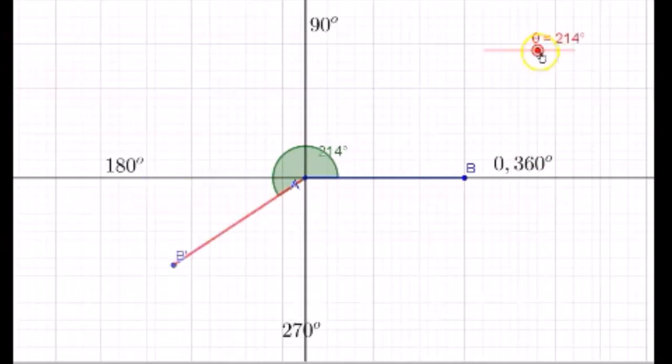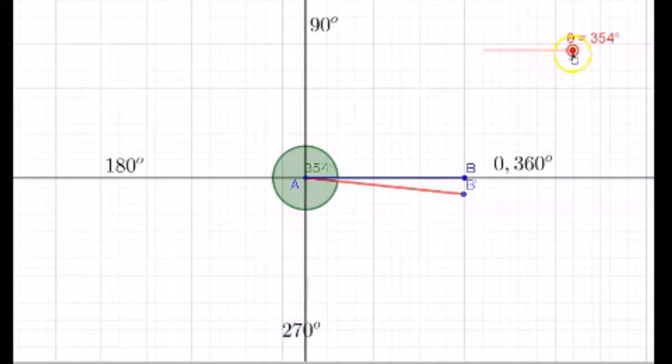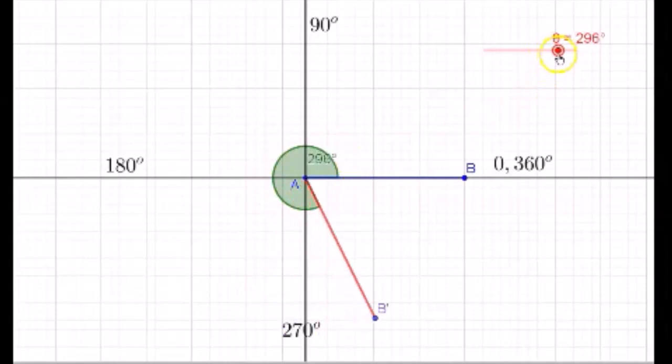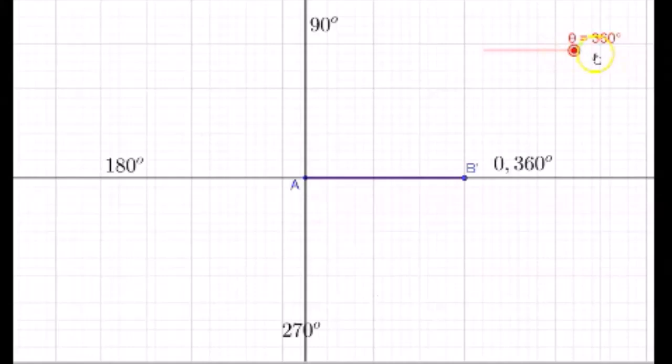If our angle goes above 180, but is not up to 360, any value above 180 before it gets to 360, that angle is called a reflex angle. Look at the size of the green arc here. You see the green arc that shows you the angle of reflex. You can see all this can be a reflex angle. You see how the arc goes.